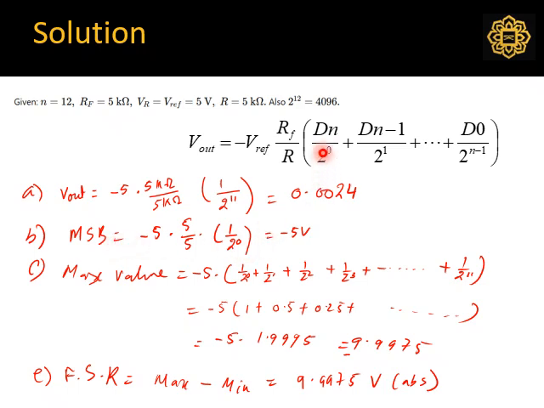If you turn on the most significant bit, then it will be 1 over 2 to the power 0, so it will be minus 5 volt. The maximum value, if all are turned on, will be around 9.9975. And the full scale range is maximum minus minimum, which is 9.9975 volt in absolute value, because I ignored the negative. So that's the case.